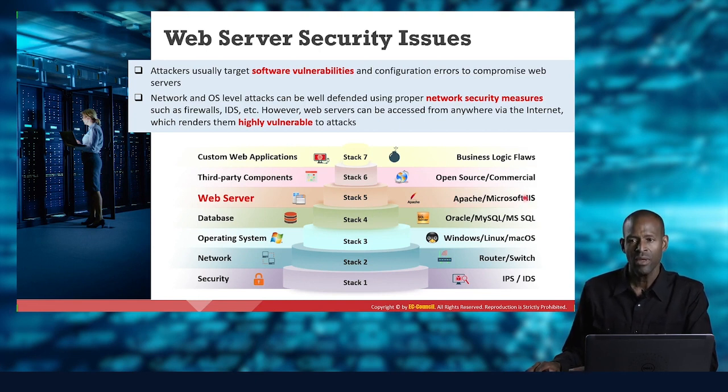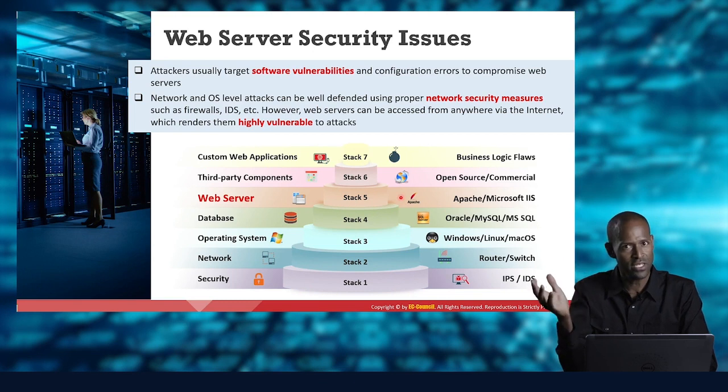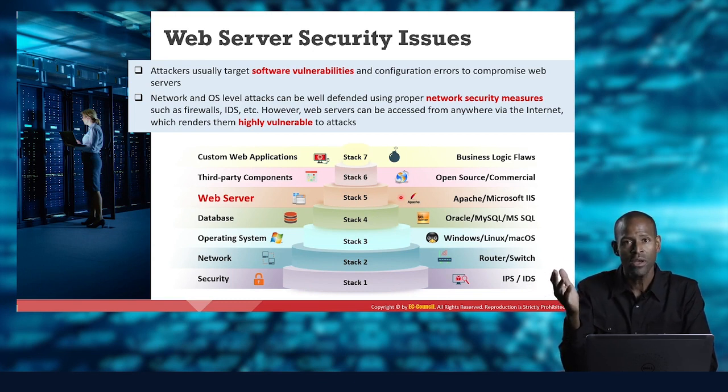And guess what? All there has to be in all of these stacks up to stack 5 is one flaw, one hole in the security, and an attacker has a foothold on your system. But yet you, as the network defender, the ethical hacker, have to lock down tens of thousands of combinations of protocols, ports, programs, applications, devices, etc. You have to lock it all down and keep track of it and make sure that it is secure.